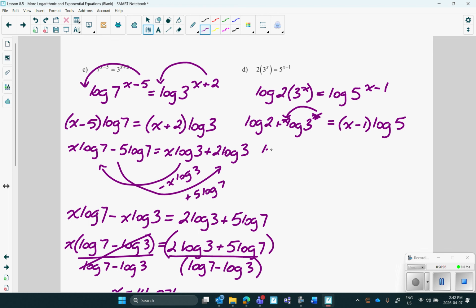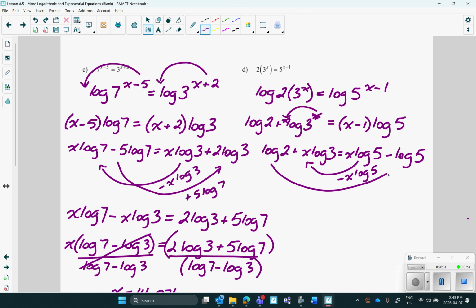So I get log 2 plus x log 3 equals x log 5 minus log 5. Well, I've got some work to do. I've got to swing this over to this side by subtracting x log 5, and I've got to swing the log 2 over to this side by subtracting log 2.